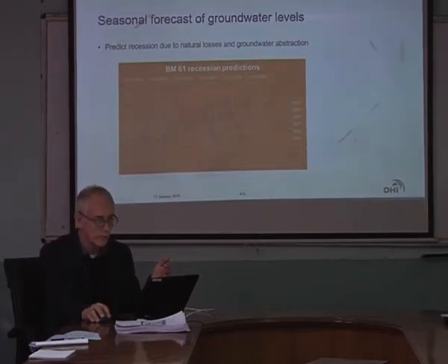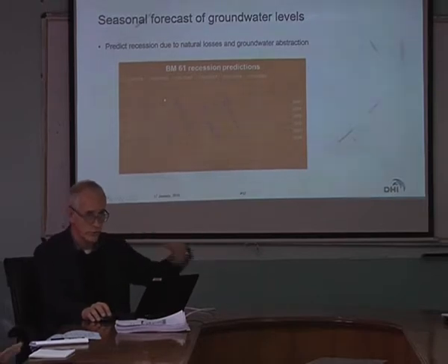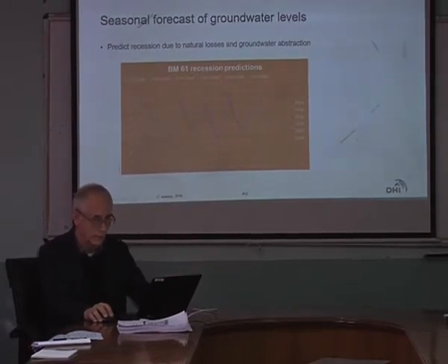But then there are also natural losses, as downstream base flow is just flowing out. So a combination of the base flow and the use will then lower it, was the prediction here, to about 6.5. Actually, it didn't come quite as low in this year. So here we are comparing with what actually happened, which is this blue line going up and down, and these predictions made in this way.